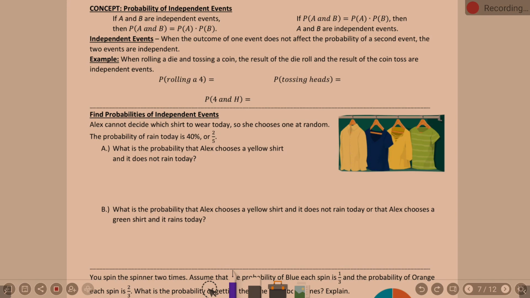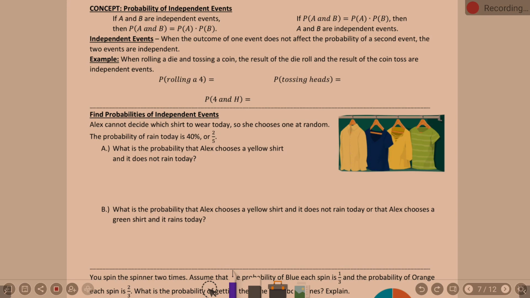Okay? We just did some independent, didn't we? Here's another example of independent. Rolling a die and tossing a coin. Does what you roll on a die affect what you get when you flip the coin, or vice versa? No relation whatsoever, right?